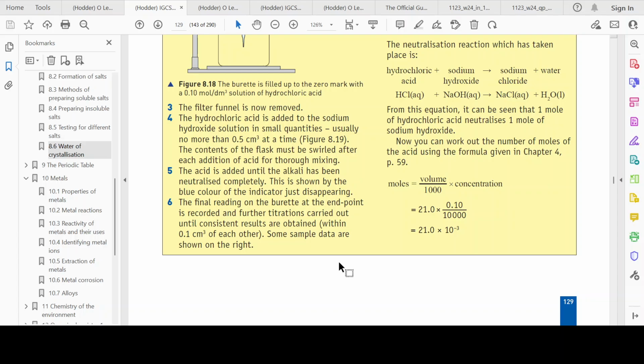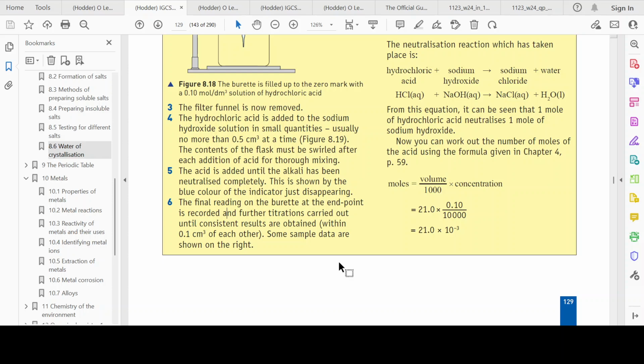This is what we used to do way back when. You could just add 14 centimeter cube, or 13 to be safe. Let's say 13, and then after 13, you add it slowly. You should get 15 plus or minus 0.1, so 14.9, 15.1, maybe 14.8 and 15.2.